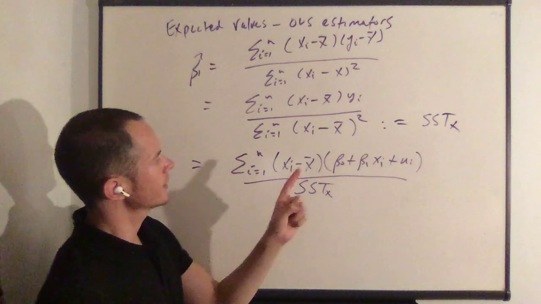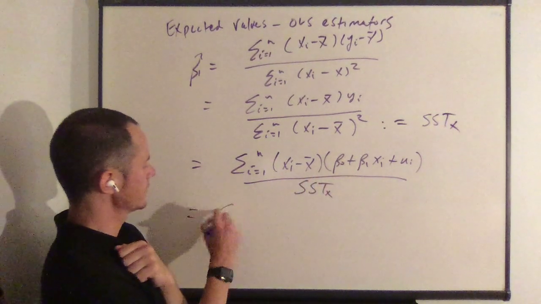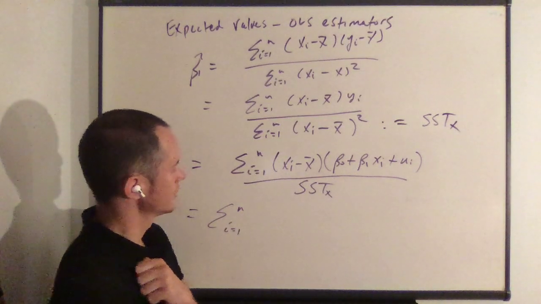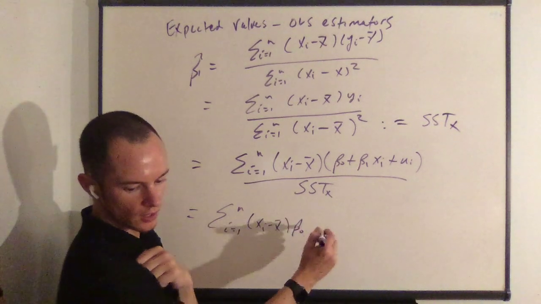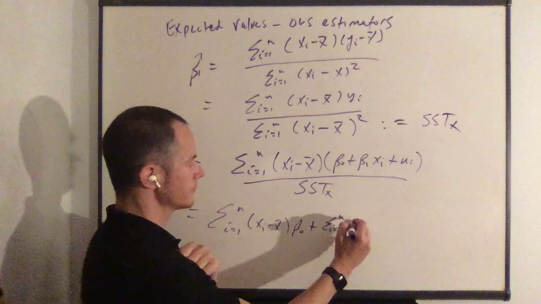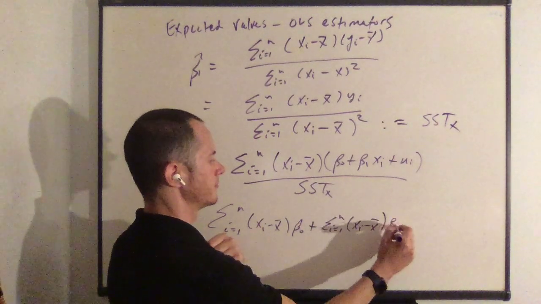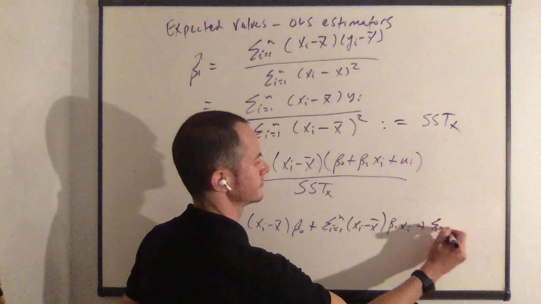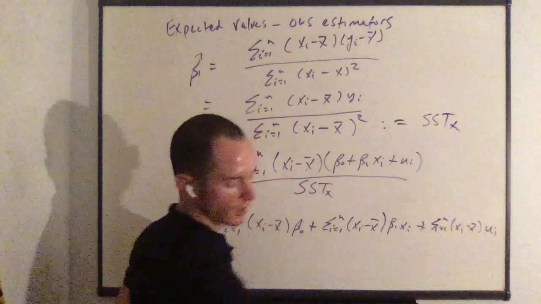Now let's factor out these terms so that we have the sum from i equals 1 to n of (xi minus x bar) times beta naught, plus the sum from i equals 1 to n of (xi minus x bar) times beta 1 xi, and likewise the sum from i equals 1 to n of (xi minus x bar) ui.